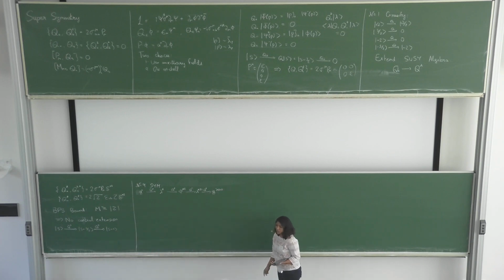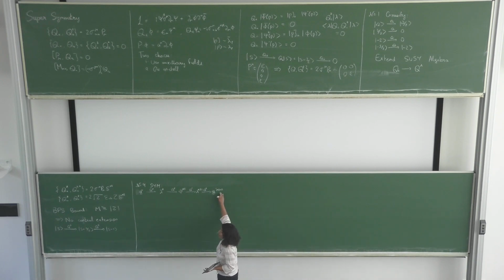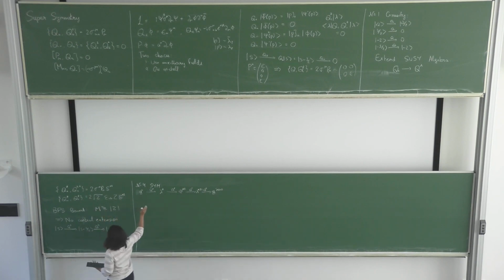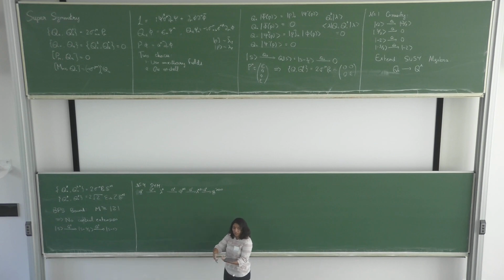Okay. So these capital Roman indices are often referred to as R indices. And you'll notice that these R indices actually transform, well, in the algebra, they're allowed to transform under something called an R symmetry. So in order to just preserve this commutation relation, I'm allowed to do a rotation in my supercharges, in the space of supercharges, as long as it's not messing with any of the other commutation relations that I have.